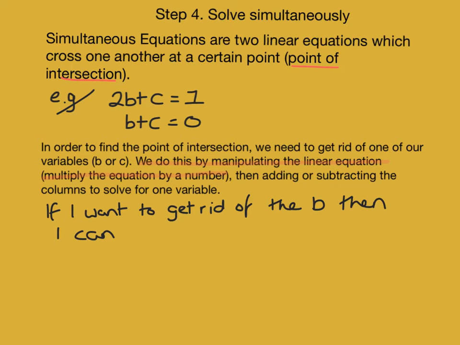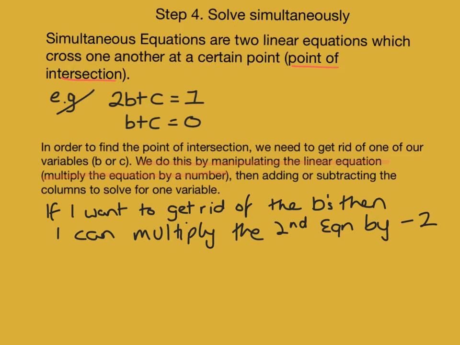Yeah, very good, Holly. So if I want to get rid of the B's, I can multiply the second equation by -2. The reason I'm going to do that is that it makes it simpler, as I can just add each column instead.